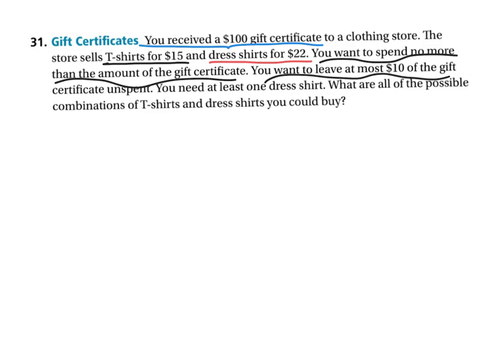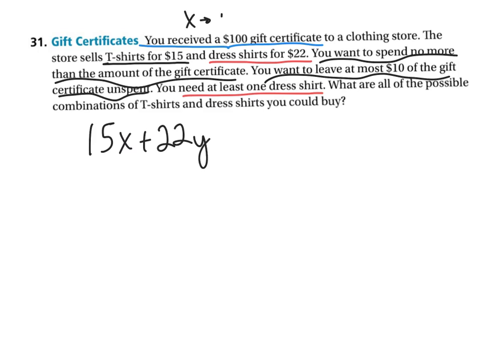You want to leave at most $10 unspent, and you need at least one dress shirt, and so we want to find our combinations. So for our costs, we could say 15x plus 22y. We're going to make x be our t-shirts and y be our dress shirts. We should define those a little bit nicer, but you get the idea.